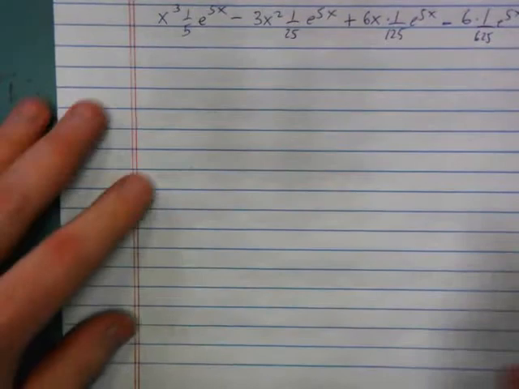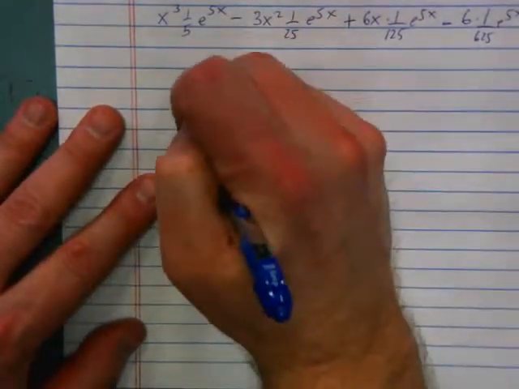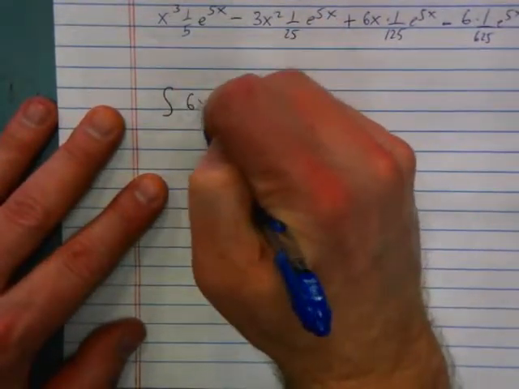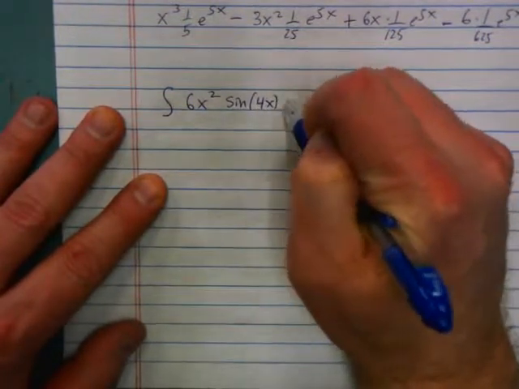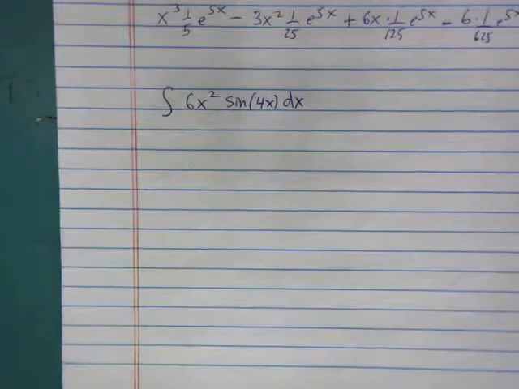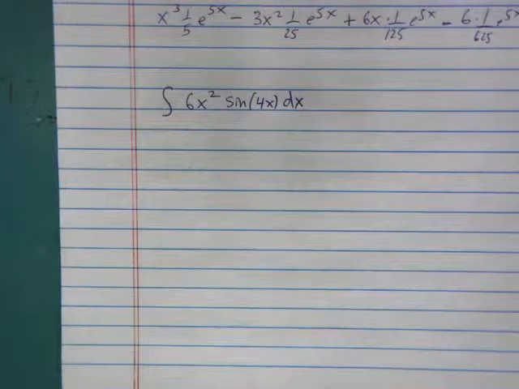So if somebody gave me the integral of 6x squared sine of 4x dx, I would look at that and recognize right away that I'm going to have to use integration by parts twice, because I see that 6x squared. So personally, I would use the tabular method.